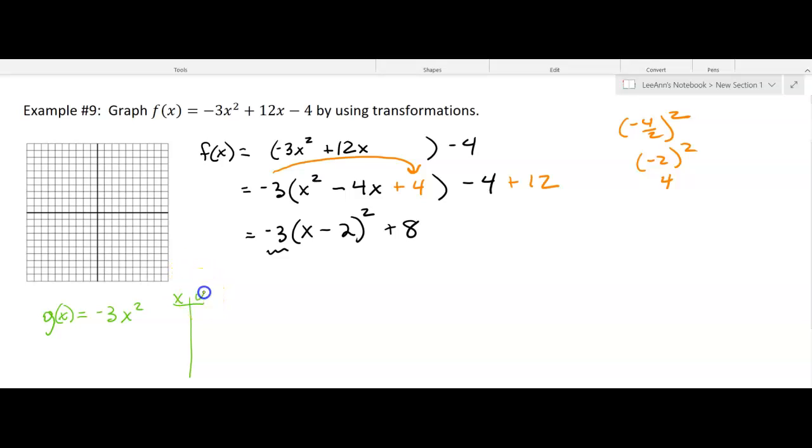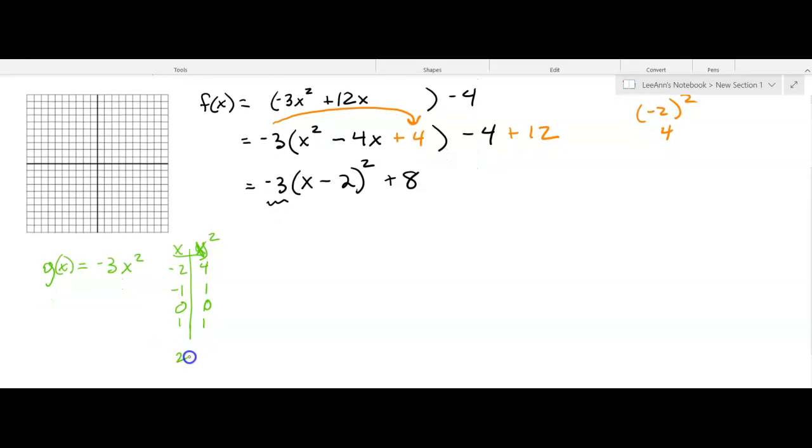I'll just put y equals x squared. So you have negative 2, 4; negative 1, 1; 0, 0; 1, 1; and 2, 4.